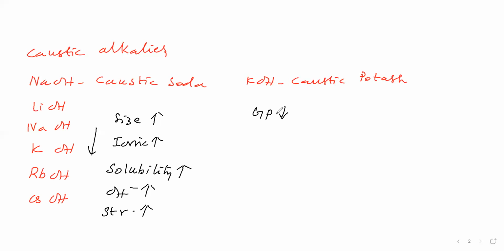Thermal stability of alkali metal hydroxides: they are strong ionic compounds, with more ionic nature, so they do not decompose easily. On strong heating, it decomposes to give what? Alkali metal hydroxide on strong heating gives alkali metal oxide and water.